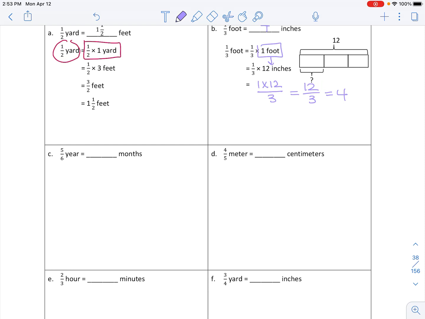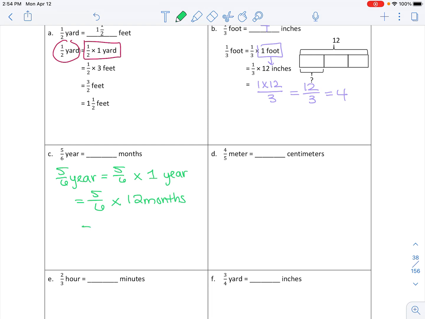5/6 of a year is how many months? I want you to pause the video, try it, and then come back and check your answer. Well, so we have 5/6 of a year is the same as 5/6 times 1 year. We can replace the 1 year with how many months are in 1 year? Well, we know there's 12 months in 1 year.